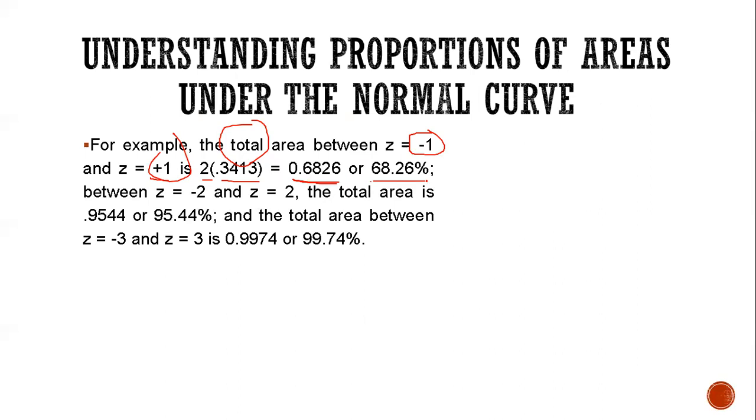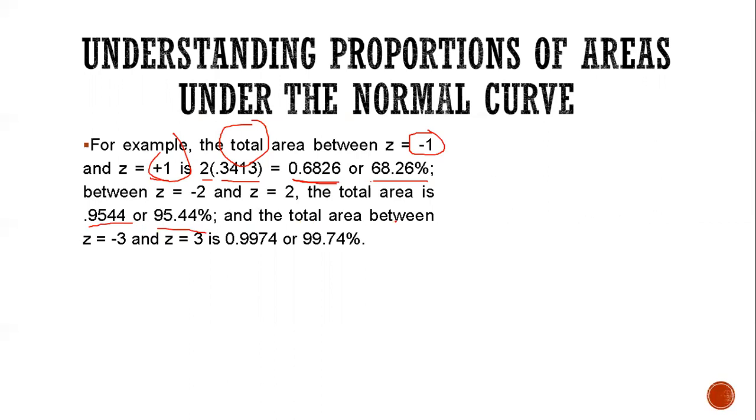Aside from that, pwede rin natin kunin yung value from -2 to +2. Kabilaan ulit yan. Ang total area ni -2 hanggang +2 ay nasa 0.9544 or convert natin sa percentage, we have 95.44%. Okay?